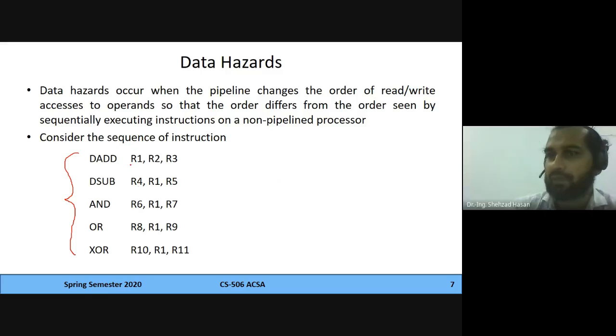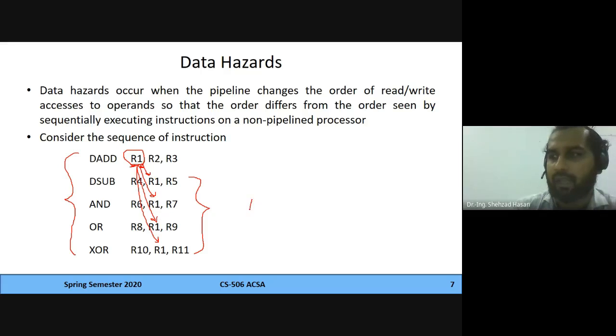Okay, yeah. So this is the main thing that I wanted to point out: the first instruction is producing a result R1, and all the remaining 4 are dependent on that result. All of them are using R1 as their source register. Here it is the first source register, but it could be the second source register as well.